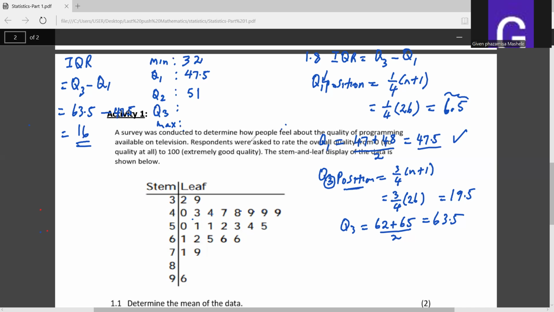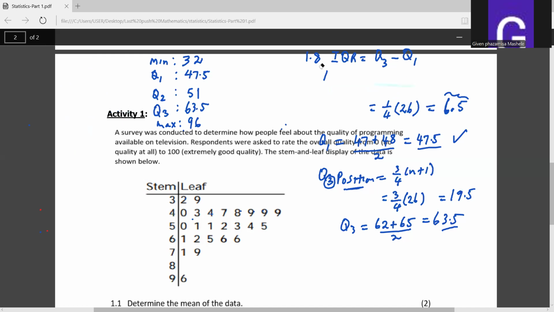Then quartile 3, we got it here, it's 63.5. And what is the maximum here? The maximum is 96, which will be regarded as an outlier, but we'll talk about that. So now, without wasting time, we need to write down the 5-number summary, and at the same time, we construct a box and whisker diagram.